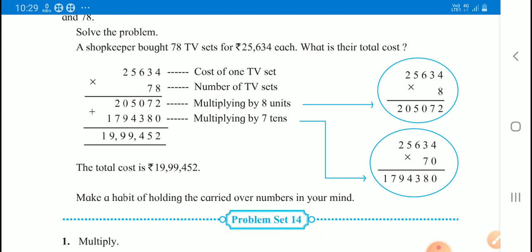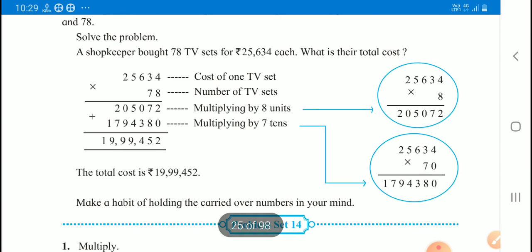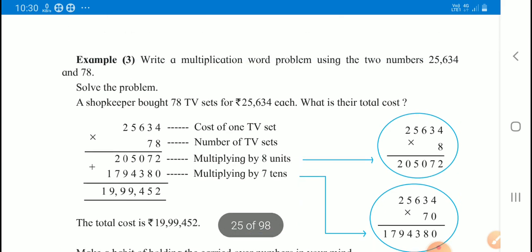Otherwise, a shopkeeper bought AC sets for rupees 25,635 each, or refrigerator set, anything you can write here. It's depend on your ability, power to form the questions or to write the questions or to create the word problems.